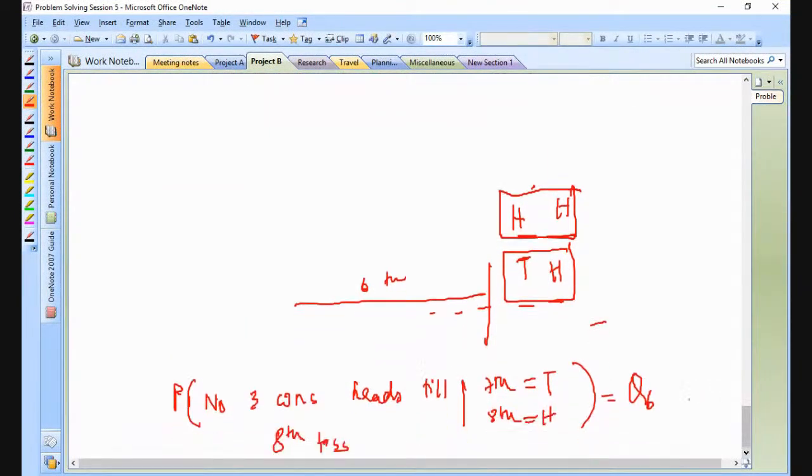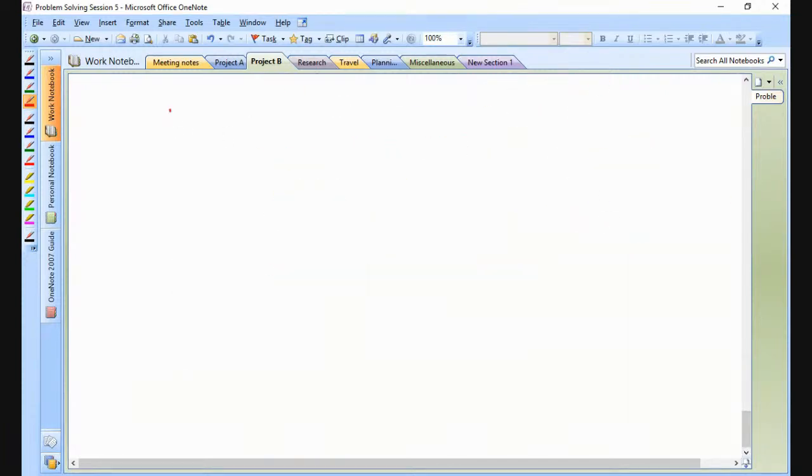Now, for HH, what will happen? For HH again there are 2 cases, HHT and HHH. If HHH happens, then that case is cancelled. So therefore we have only one possibility, HHT. Till HHT it will be again Q5. Okay, and all the possible cases are done. So what are the possible cases? The 8th toss is H, or the 8th toss is T. If it's T, then it's Q7.